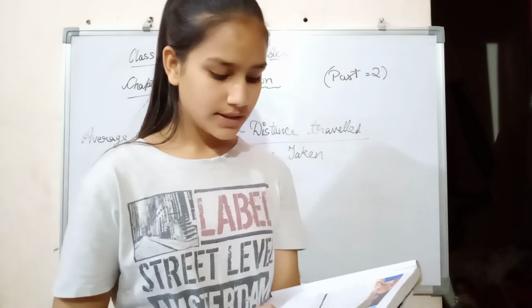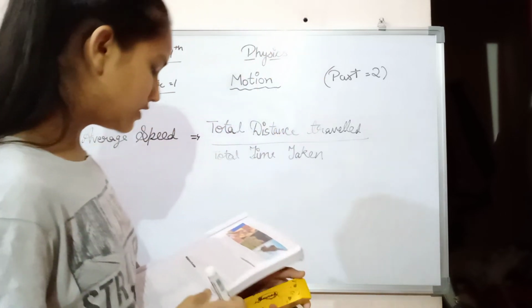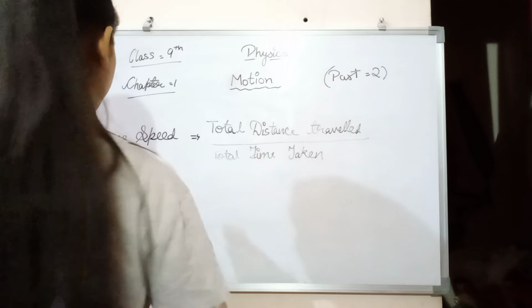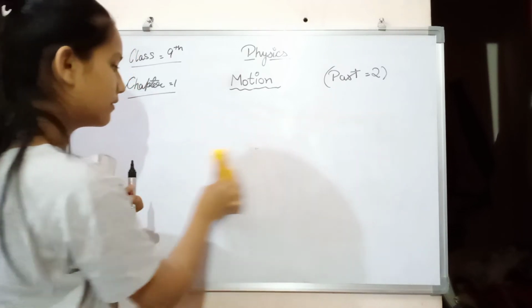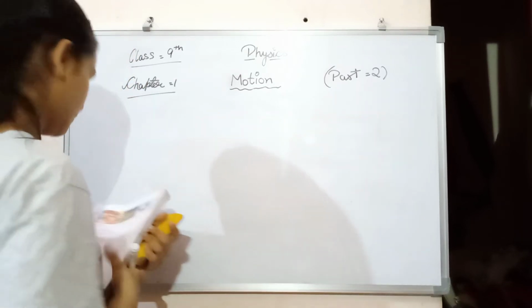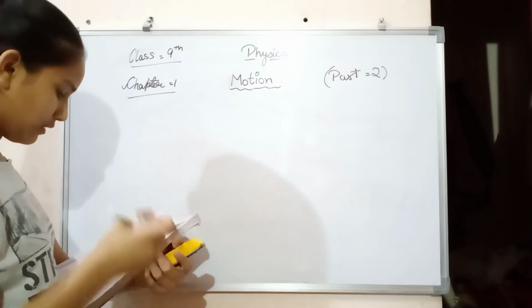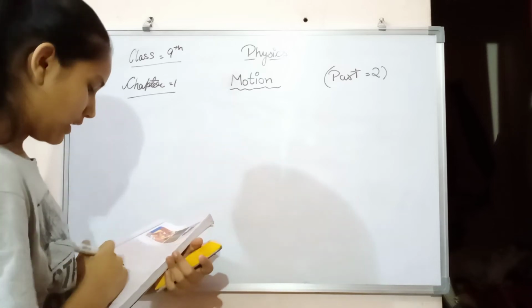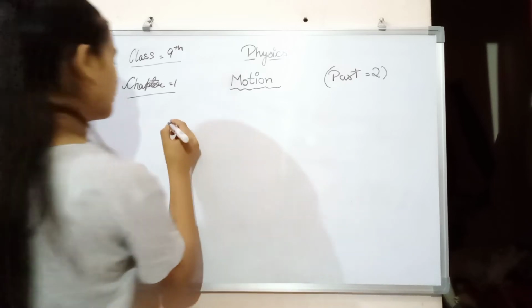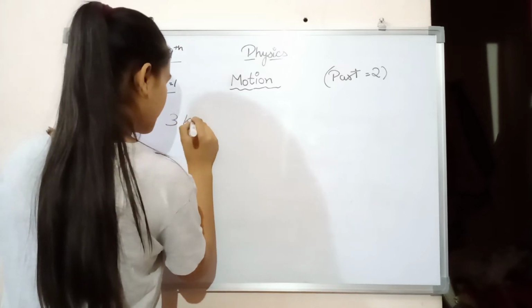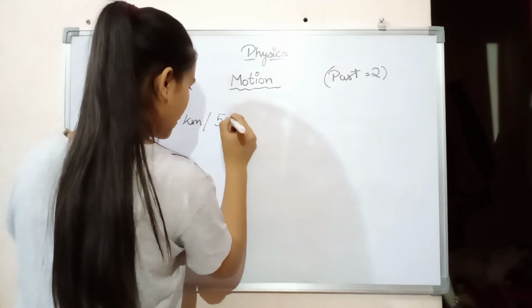We will now solve some numerical problems based on speed. Suppose a scooterist covers a distance of 3 kilometers in 5 minutes.